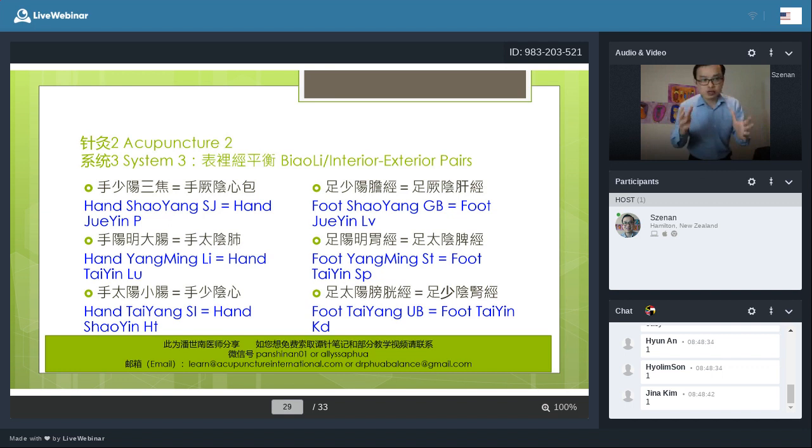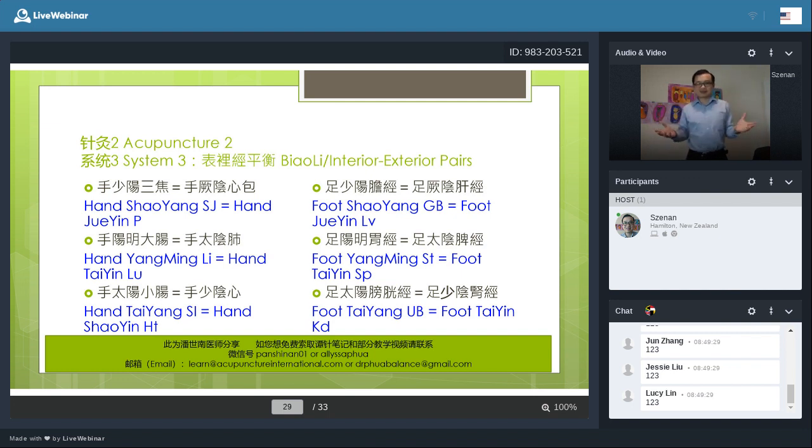How do you treat elbow pain? That's right. 1, 2, 3. The standard answer is 1, 2, 3. Okay. How do you treat lower back pain? 1, 2, 3. That's good.